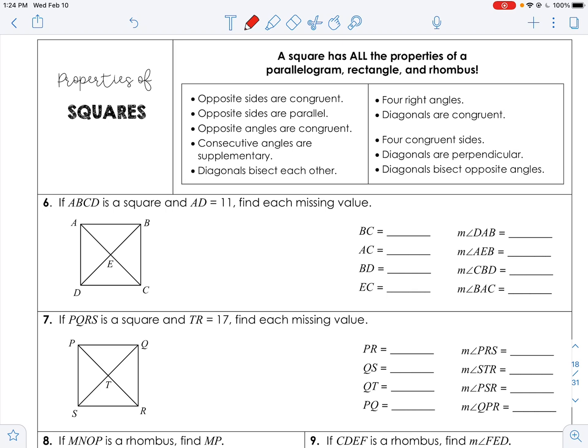If ABCD is a square and AD equals 11, A to D is 11. That means this is 11, that means that is 11, that means that is 11. Find each missing value. Well, we know that these all have to be the same, and we know that these are 90 degrees. So I've got 90 degrees. This is 11.